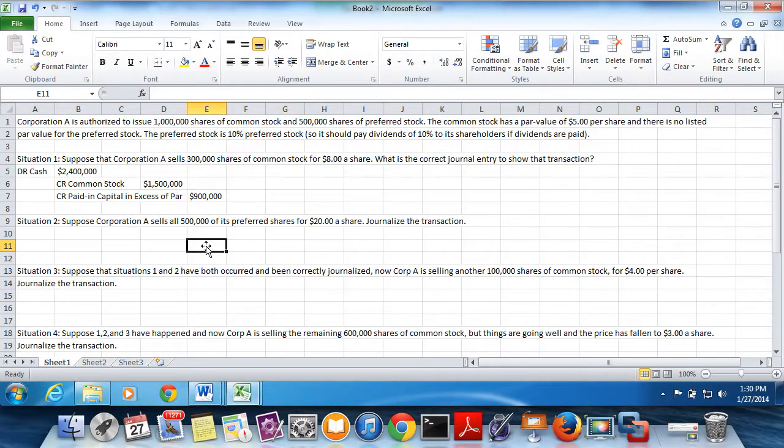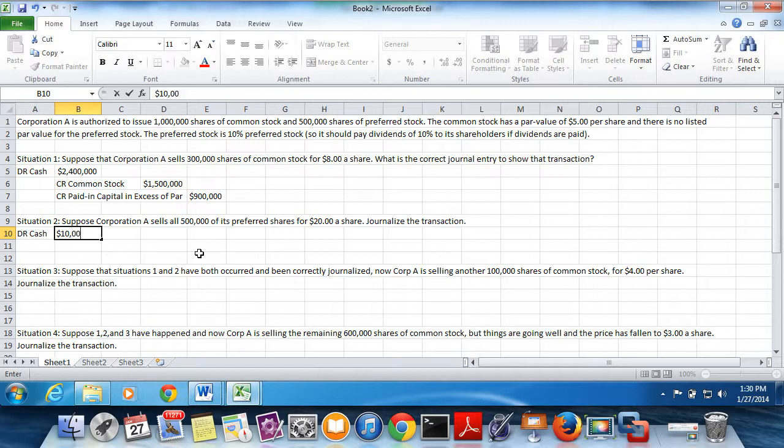So for situation two, a similar scenario, except now instead of common stock, we're looking at the preferred stock. Again, the first step is just a debit to cash for all the cash that we're going to collect here, and that's going to be $10 million, because it's 500,000, all of the preferred shares that were authorized, times $20 a share.